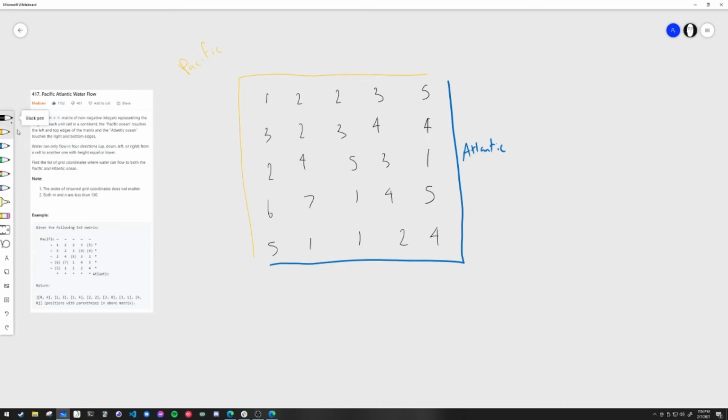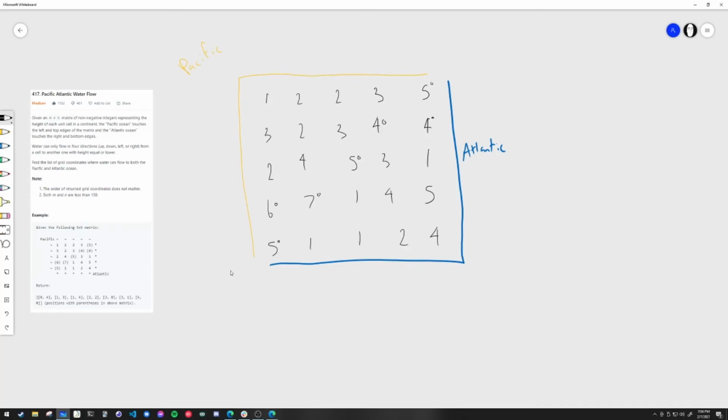Exactly. And so the question is asking us, if you look in the solution, let's figure out why these are the answers. So this 5, this 6, this 7, this 5, this 4, this 4, and this 5 are the answer, right?